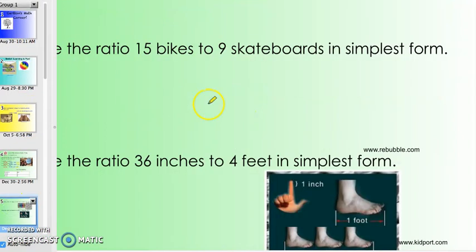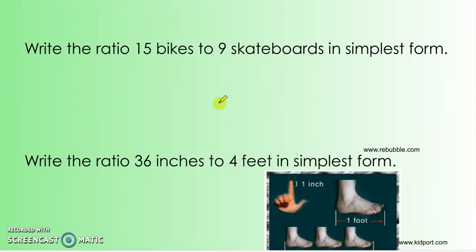Let's look at a couple more problems. Write the ratio of 15 bikes to 9 skateboards in simplest form. Okay, so let's write 15 to 9. And if I want to write this ratio in simplest form, what could I divide both numbers by? Yes, 3.